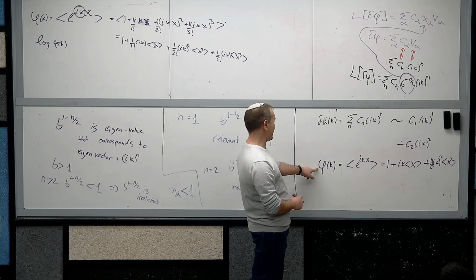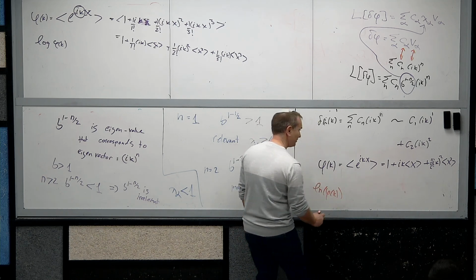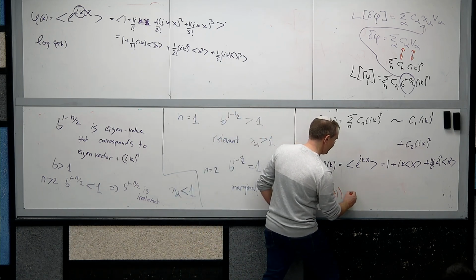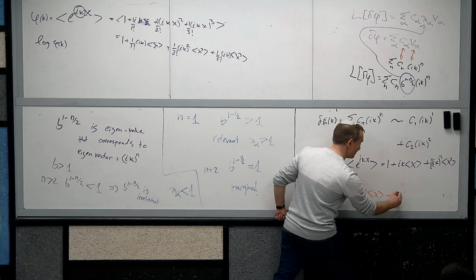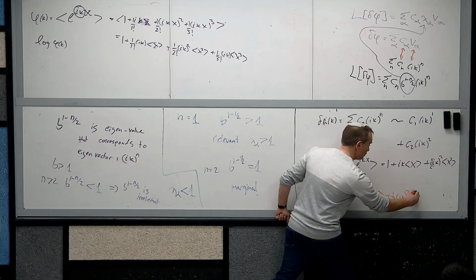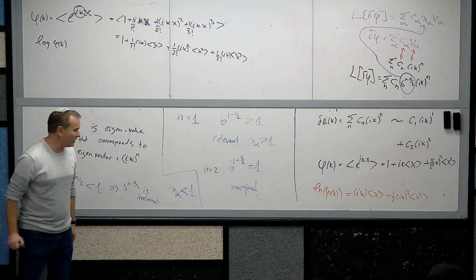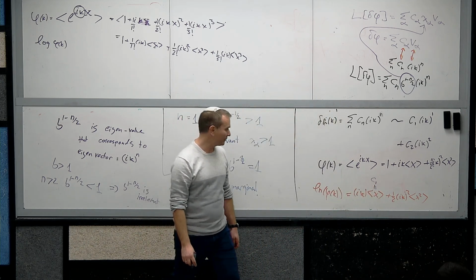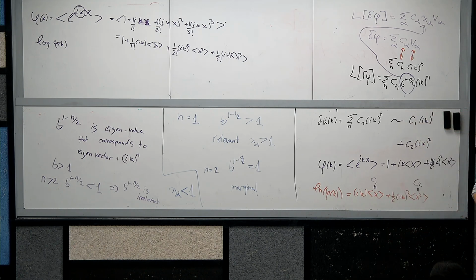So I'm taking the logarithm of phi of k. The logarithm of 1 gives me 0. So I have i k multiplied by x plus 1 half i k squared multiplied by x squared. So I know that C1 is the average, and I know that C2 is the x squared.